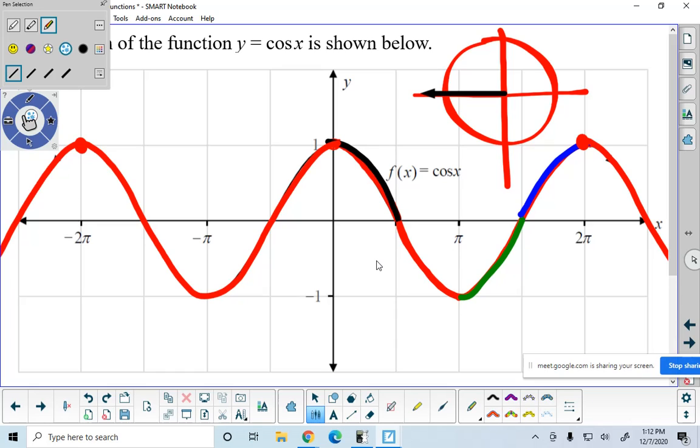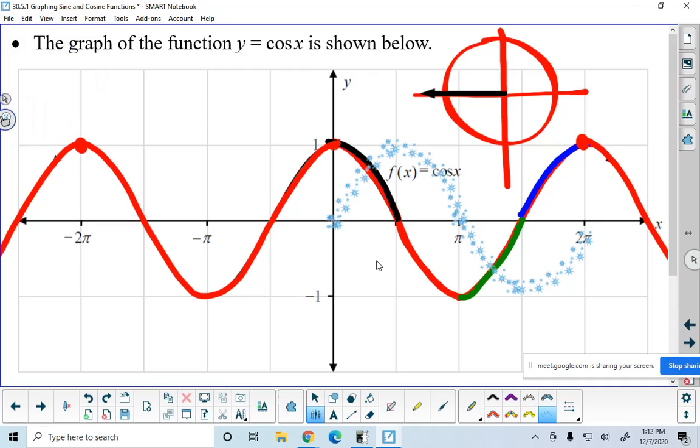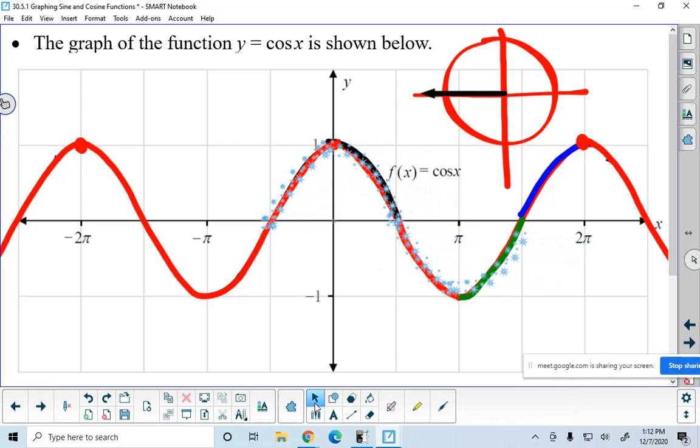Sine of x starts here, and it goes up and hits 1, and then it goes down and hits 0, and it goes down and hits -1, and then it goes up at 2 pi back to 0. But that shape that I have drawn is identical to the shape of cosine. The only difference between these graphs is a horizontal displacement.